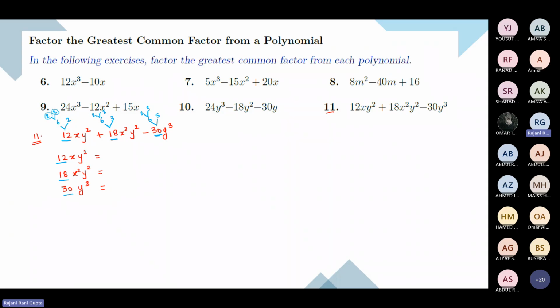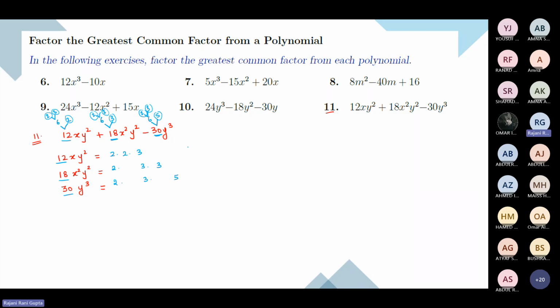So in place of 12, we write 2, 3 and 2. In place of 18, 2, 3 and 3. And for 30, 2, 3, and 5.